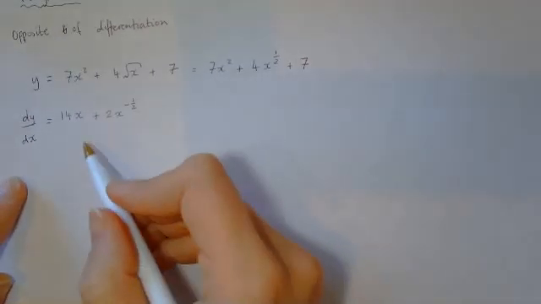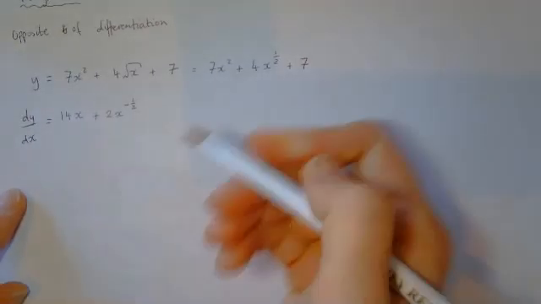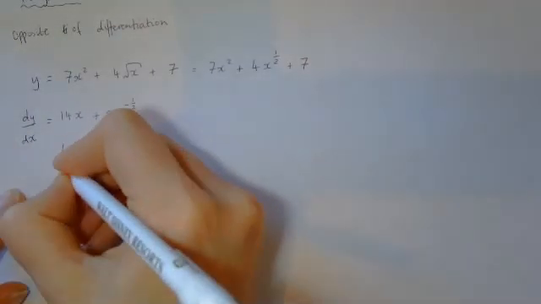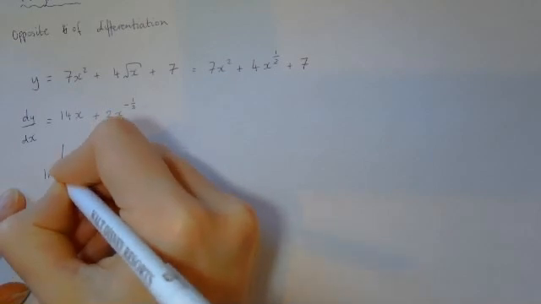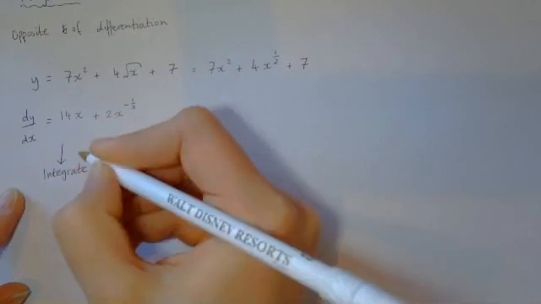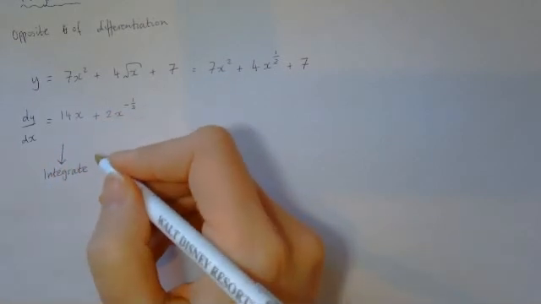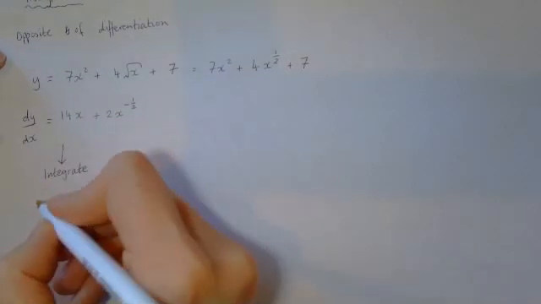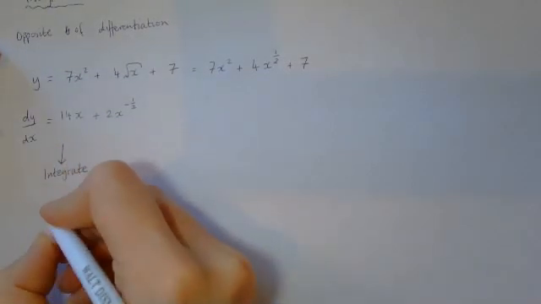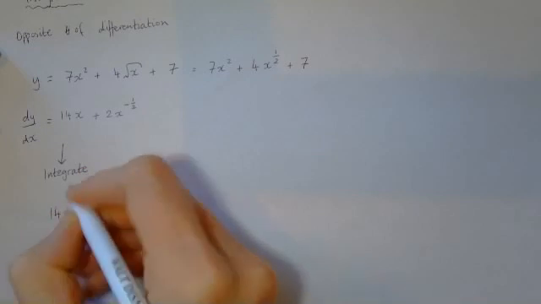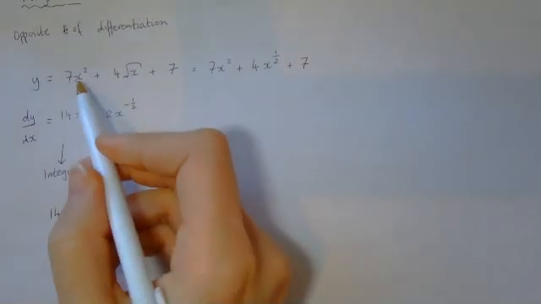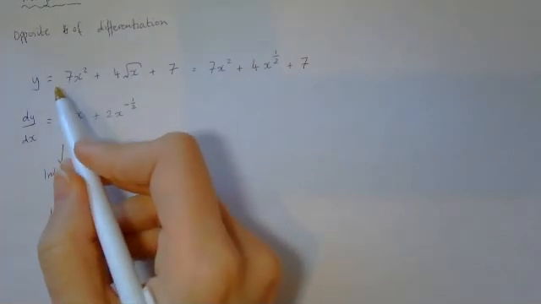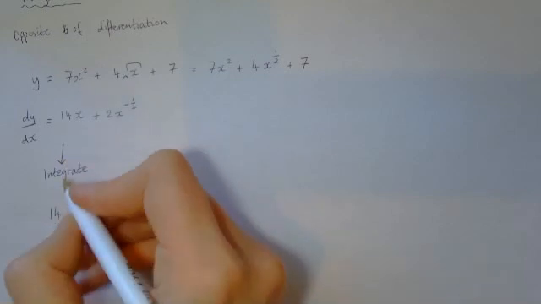So now, if I were to integrate this, well, let's see what we would get. So now I'm going to integrate this, and we'll learn in a minute how to write that I'm integrating. But for now, let's just say that we're going to integrate this. So I would get 14. Now, before I multiplied by the power and then decreased the power.